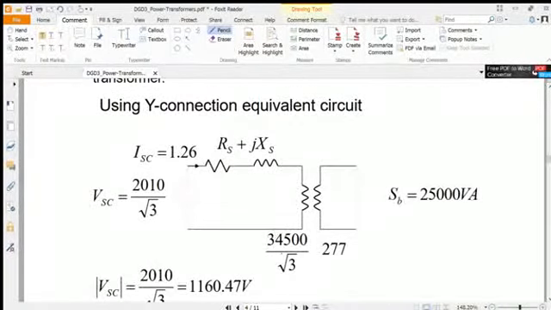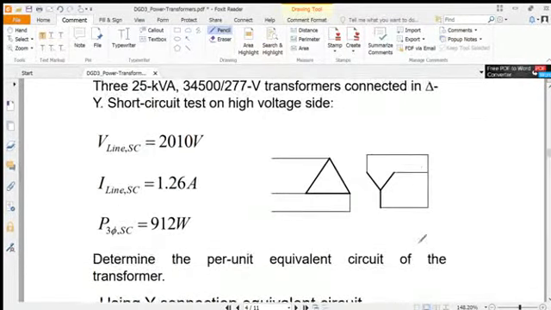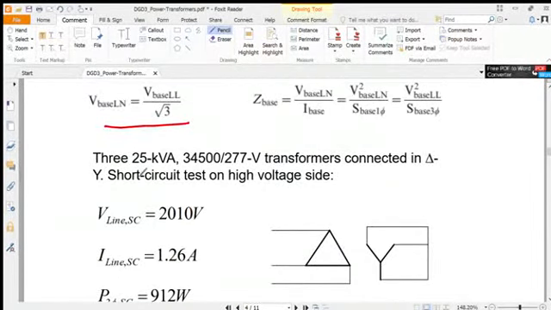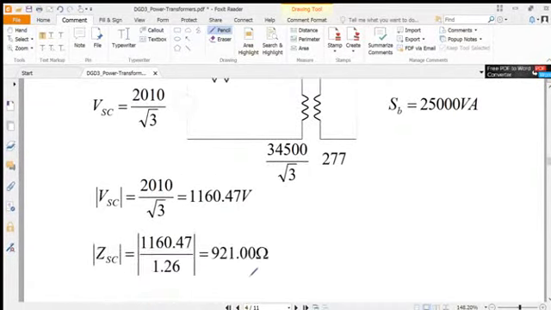The base volt ampere is 25 kVA for the transformer. Now if we divide this, we'll get the phase voltage. What will be the base impedance? Just V divided by I, and we'll get the ohmic value.